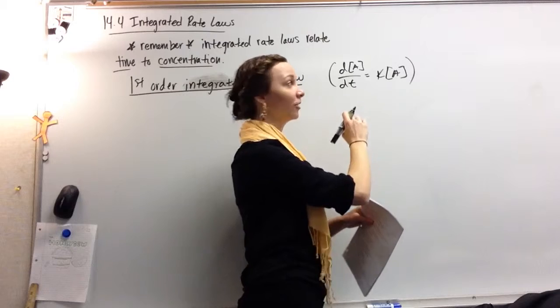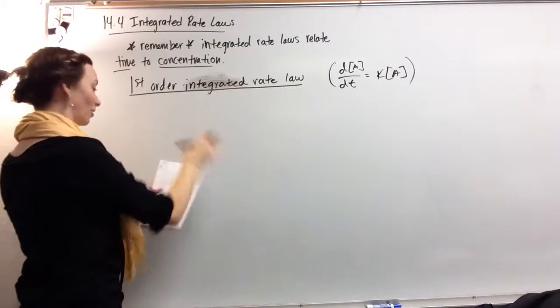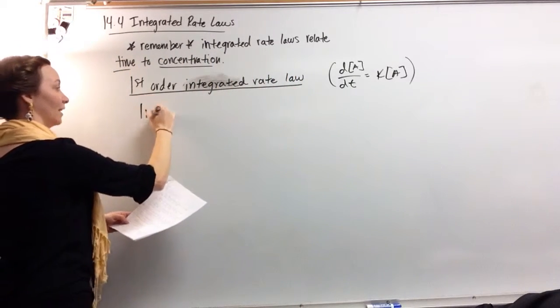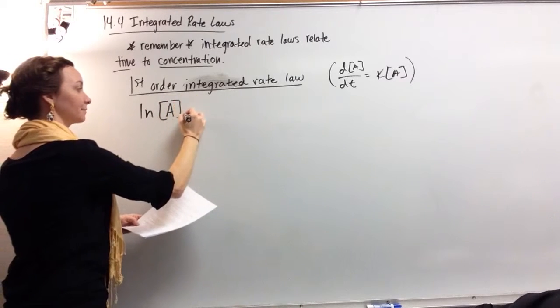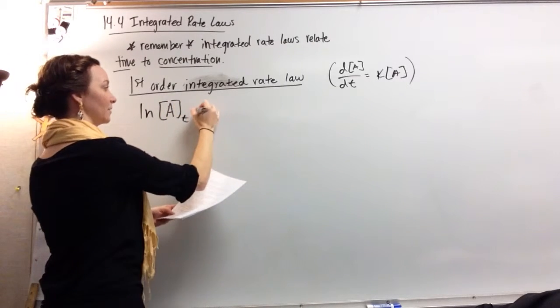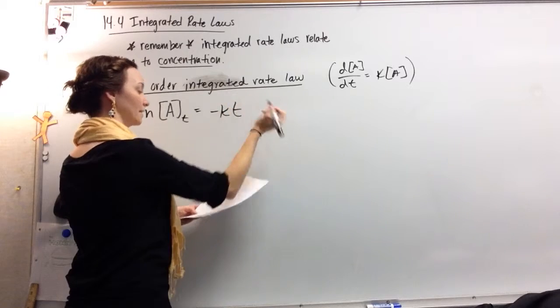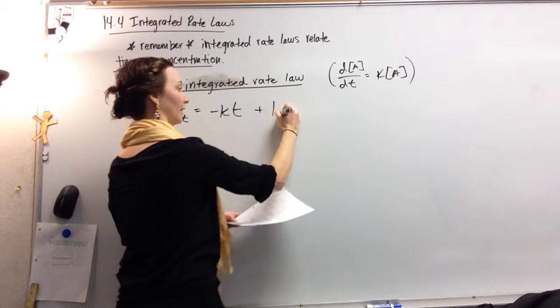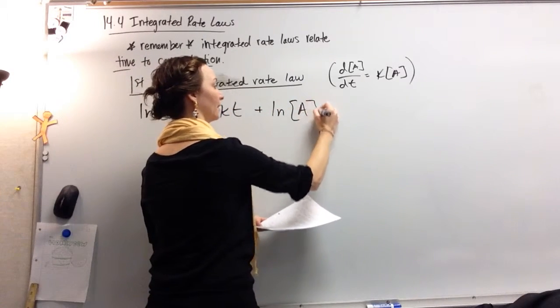Okay, if you take the integral of that, you would end up getting this integrated rate equation, which is ln concentration of A at a specific time is equal to negative kt plus ln A initial.